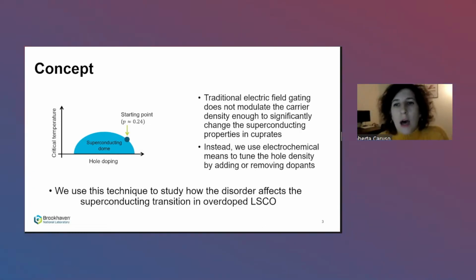The problem is that traditional electric field gating does not modulate the carrier density enough to induce a significant change in the superconducting properties of the cuprates.